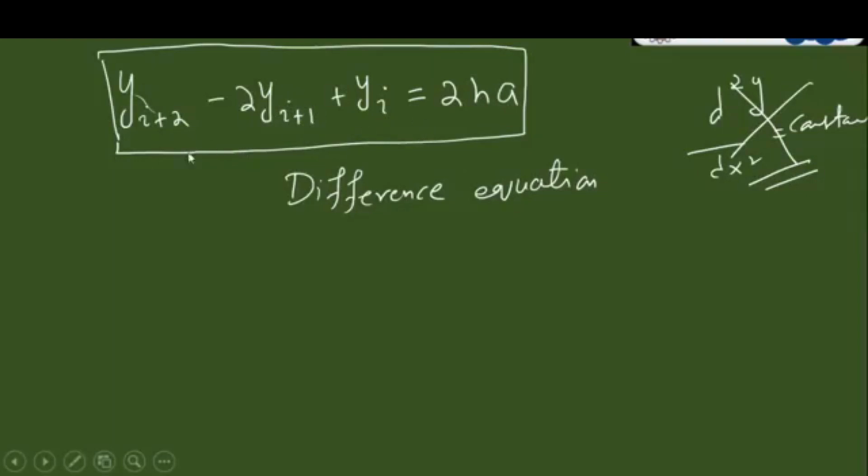I hope this point is clear to all of you: whenever we discuss a difference equation, we want to represent our data in a discrete form in such a way that there are some differences involved, in the form of an equation. That equation is called a difference equation.